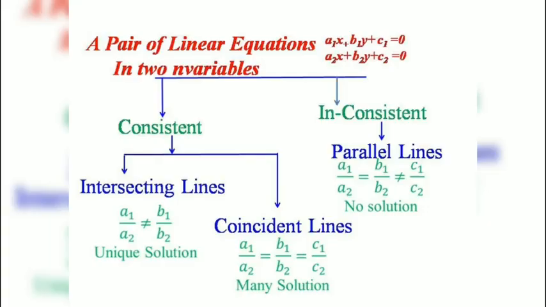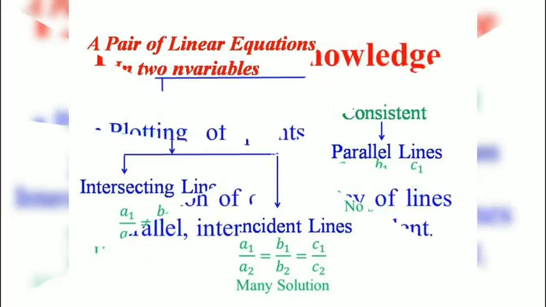If they are consistent, then the graphical representation is either intersecting lines or coincident lines. If the pair of linear equations is inconsistent, then the graphical representation is two lines parallel to each other. For intersecting lines, there is a unique solution.